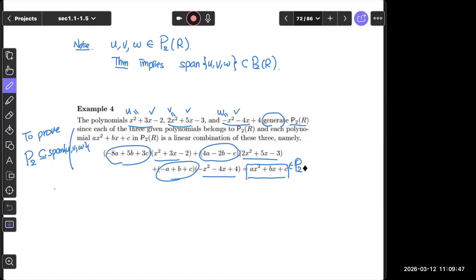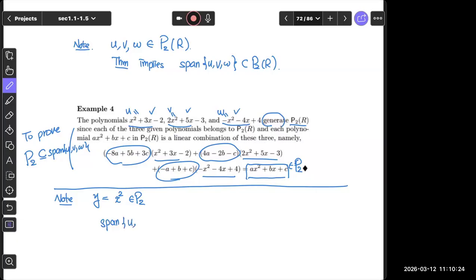Okay, these three polynomials will generate P2 space. One more example. Given these three polynomials u, v, w, if I define an arbitrary polynomial, say y as x squared, that is in P2, then since u, v, w generate P2, consider the span of u, v, w, and y.